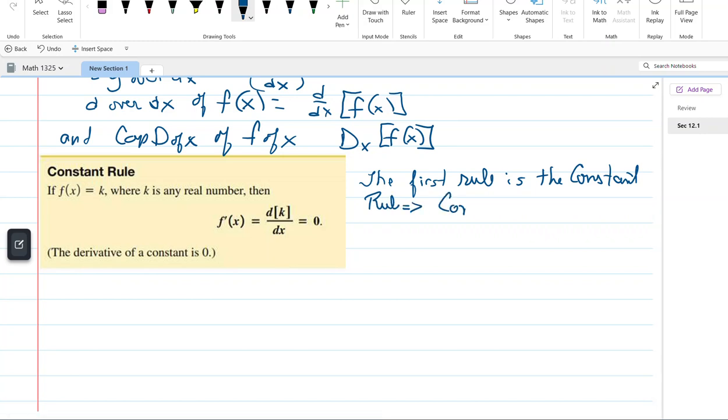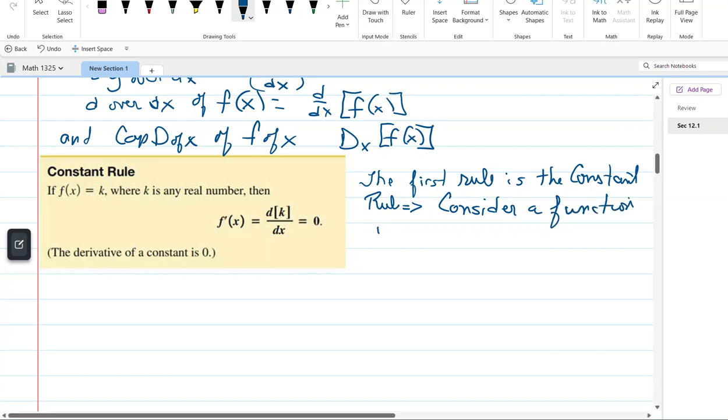Consider the function y equals a constant.